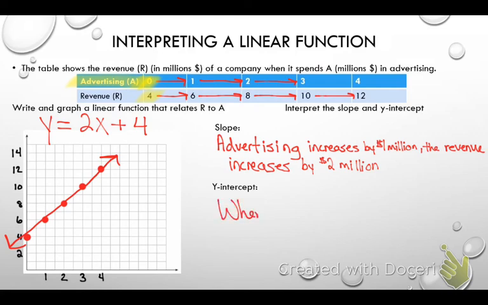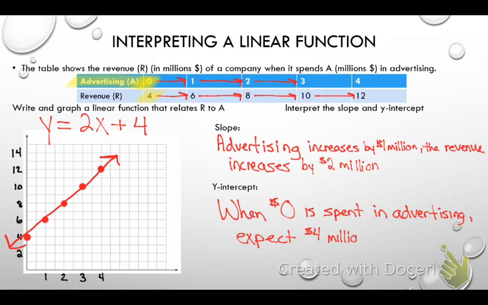When nothing, $0, is spent in advertising, what's going to be my revenue? $4 million. You can expect $4 million in revenue. Basically, that's my baseline.